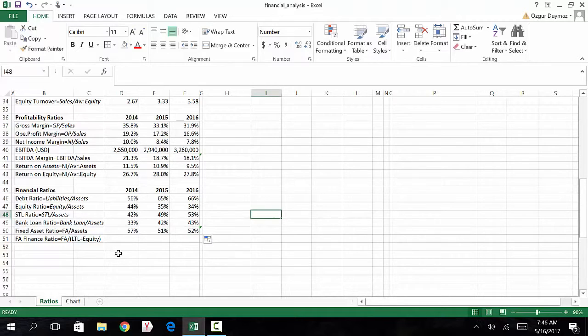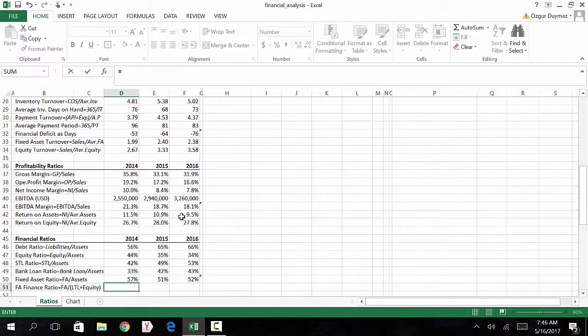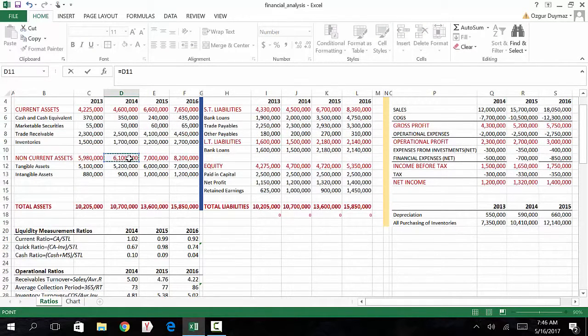And fixed assets must be financed by long-term debt and equity, not short-term liabilities. And the fixed asset ratio is fixed assets divided by long-term liabilities plus equity.